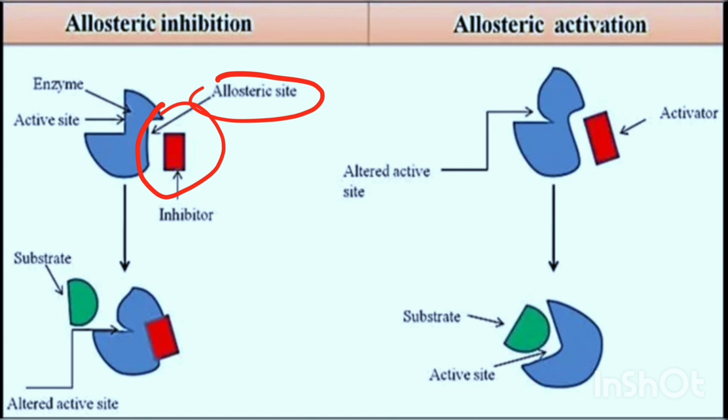And what is allosteric activation? Here, a molecule binds at the allosteric site and enhances the activity of the enzyme. That is called allosteric activation. So they can be of two types: either they act as inhibitor or they act as activator.